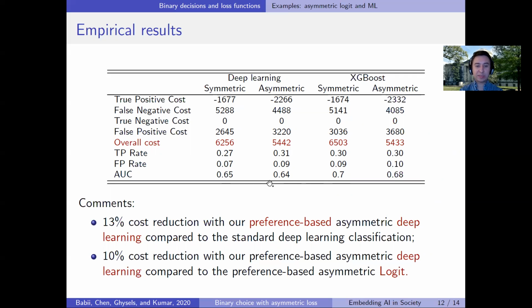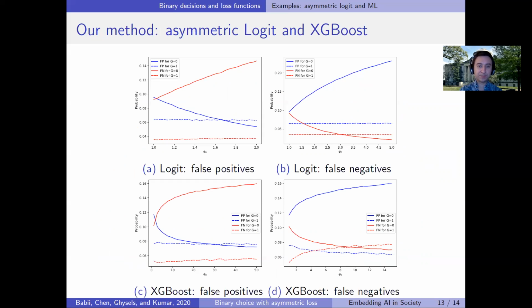What we can see from this table is that there is around 13% cost reduction with our preference-based approach compared to the symmetric deep learning approach. And also, if you compare these results to the logistic regression, then it can be seen that deep learning can reduce cost by 10% compared to the simple logistic regression. So deep learning and machine learning algorithms make a difference here.